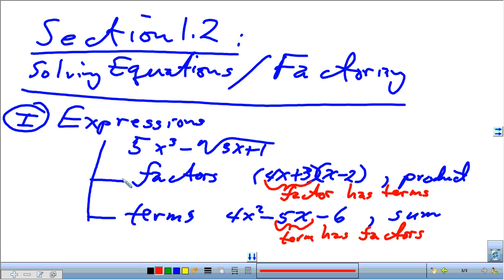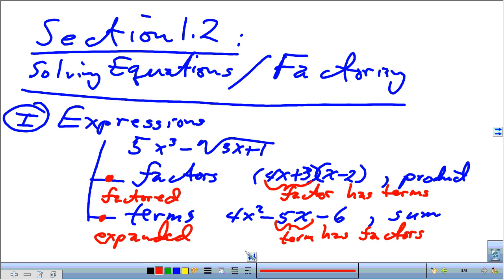So keep those straight. Sometimes we have an expression written as a product, and sometimes written as a set of terms. So, as a product, we might say that it is a factored expression, and as a set of terms, we might say that it is expanded.